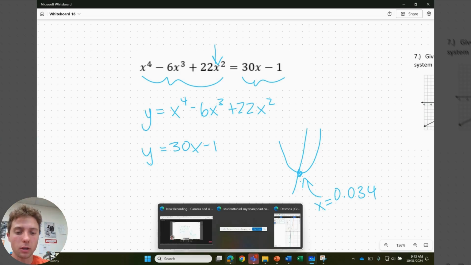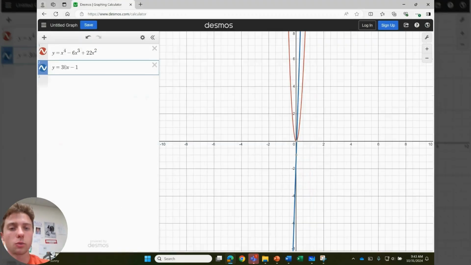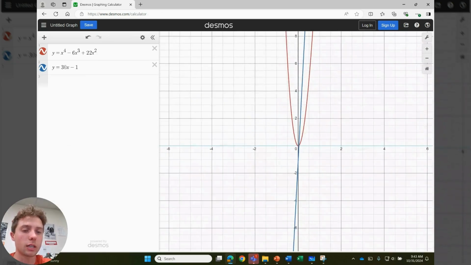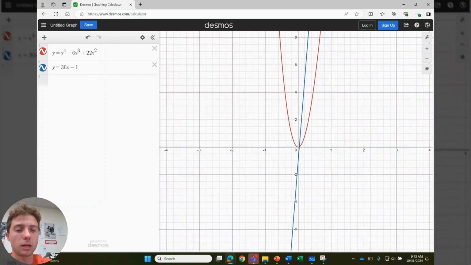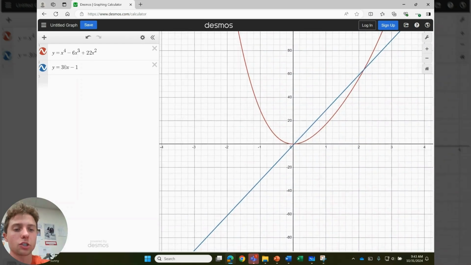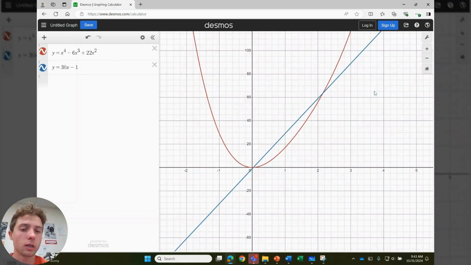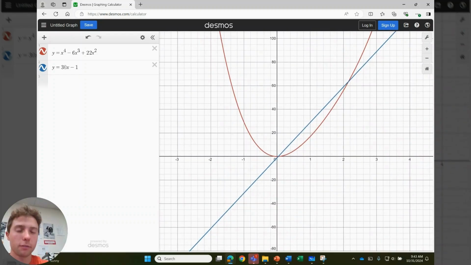But let's go back and look at that. The thing about polynomials is they can have more than one solution. So, different things you might note about Desmos. If you scroll just on the axis, I'm only touching the x-axis here, that will just change that dimension. If you just touch the y-axis, that will just change the y dimension. You can scroll on those compared to just scrolling further away anywhere.